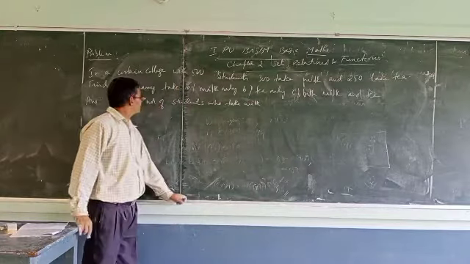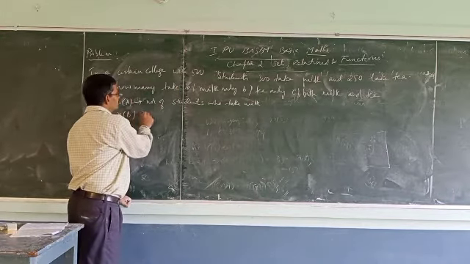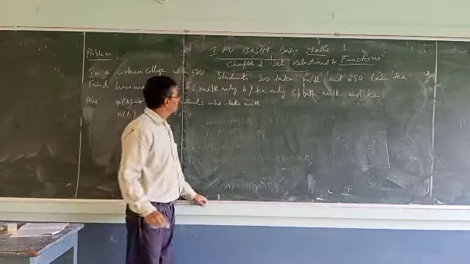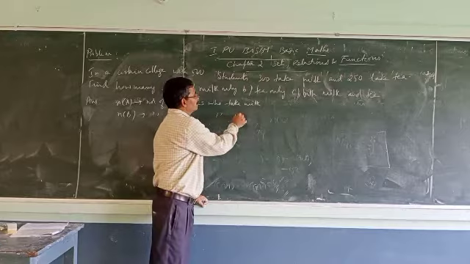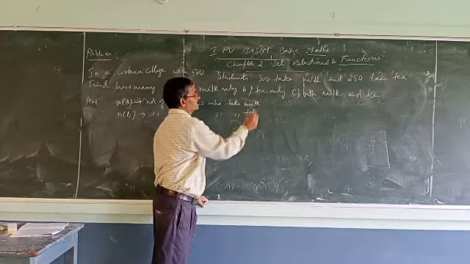Next, N of B is the number of students who take tea. So some students take milk, some take tea.